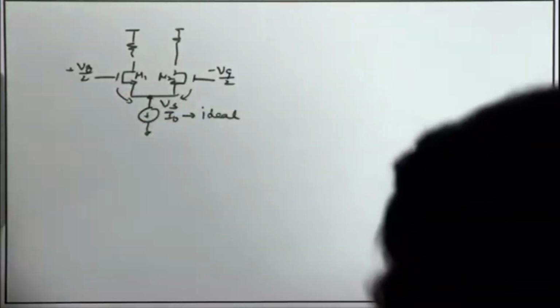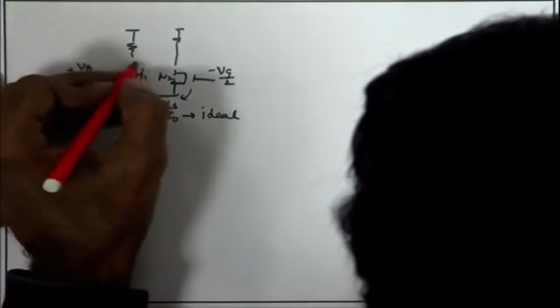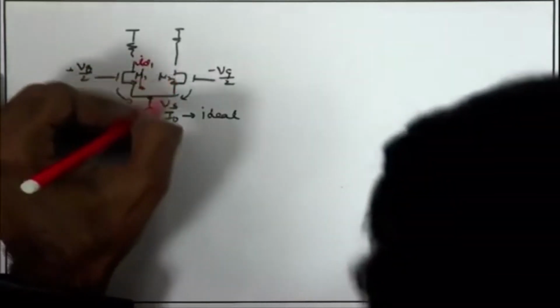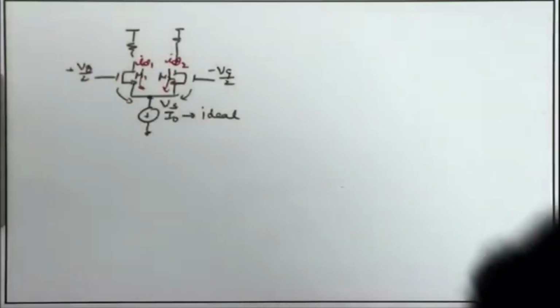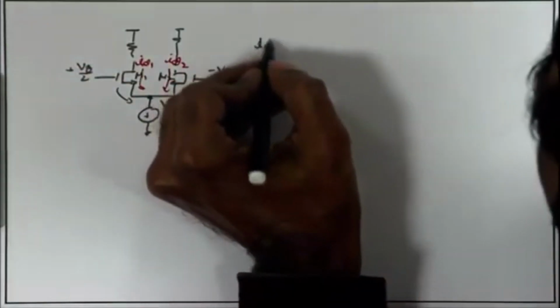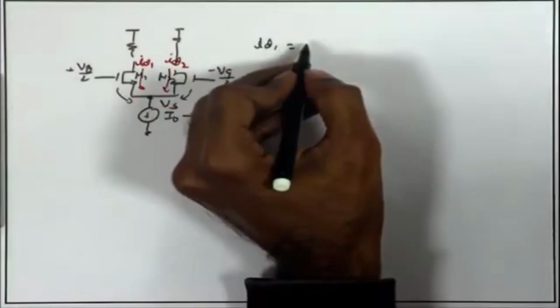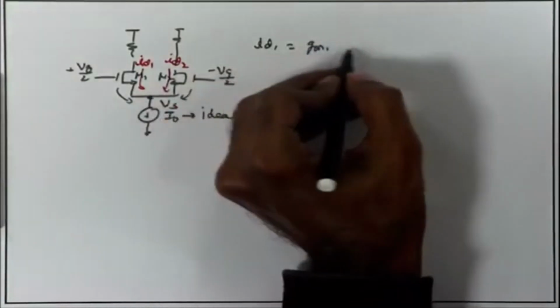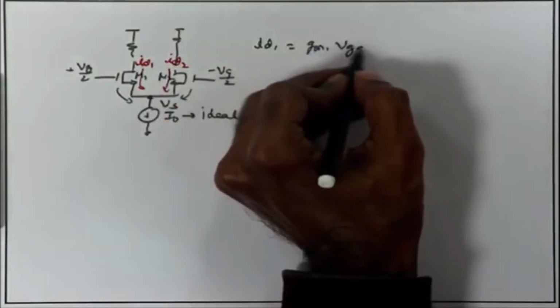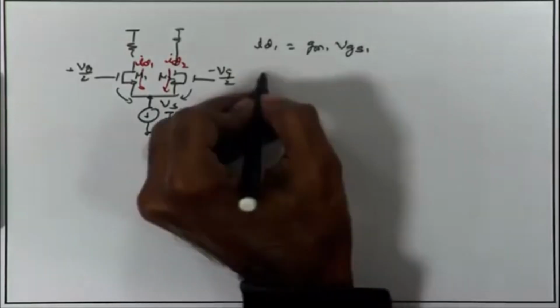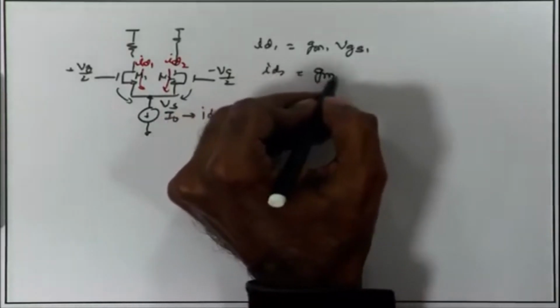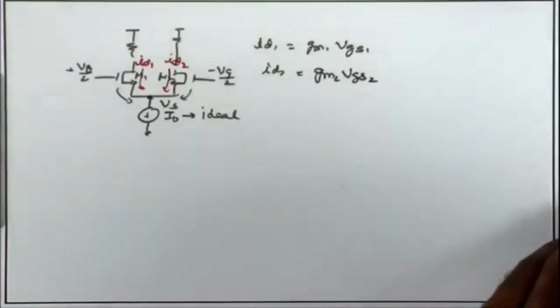So, say the small signal current over here is ID1 and the small signal current over here is ID2. What is ID1? If I ignore channel length modulation, ID1 can be written as GM1 times VGS1, and ID2 likewise can be written as GM2 times VGS2.